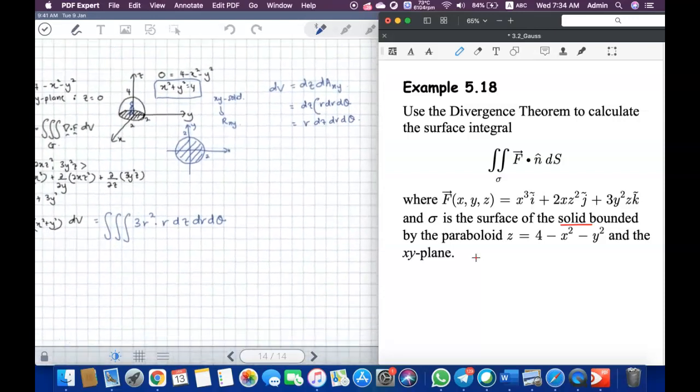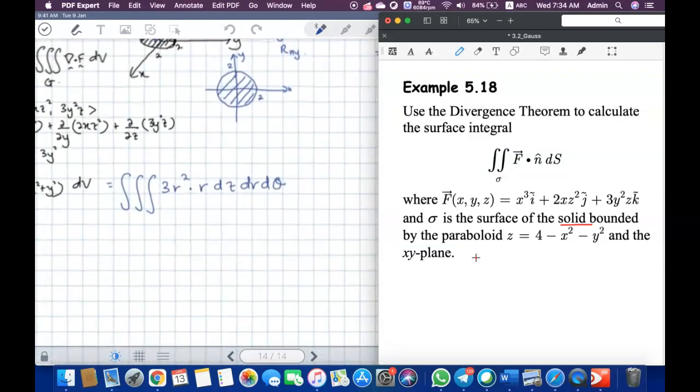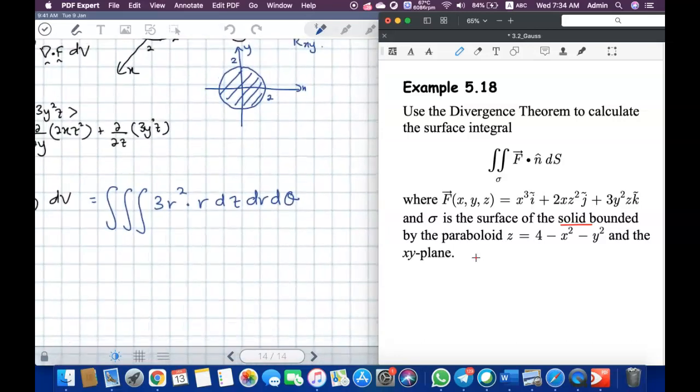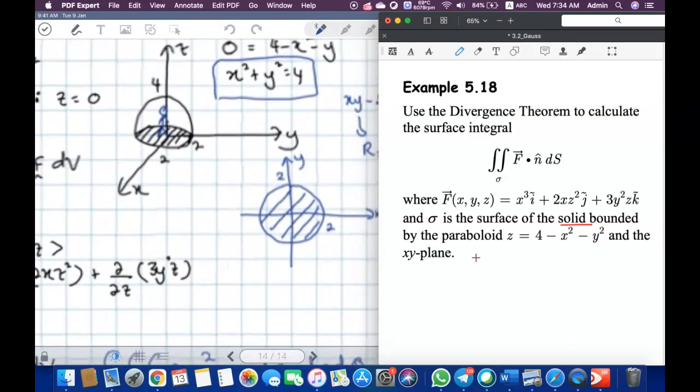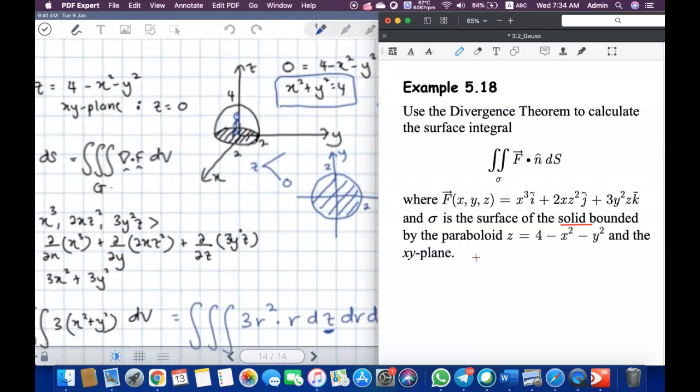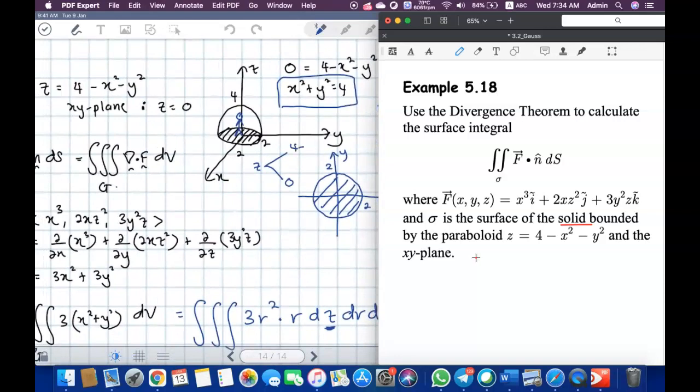When we plug in, we get this. Now we want to obtain the limits. For the limit of z, the first integration, you look at the solid. The lower bound is z equal to 0, and the upper bound comes from the paraboloid equation, which in cylindrical becomes z equal to 4 minus r squared.